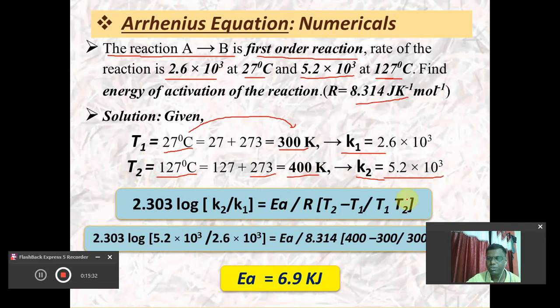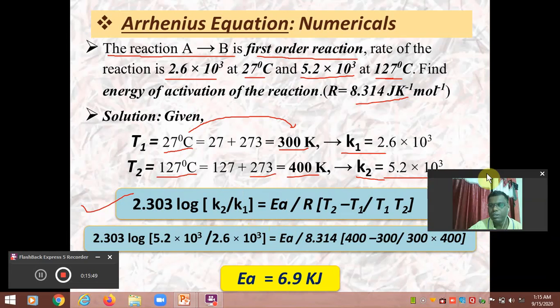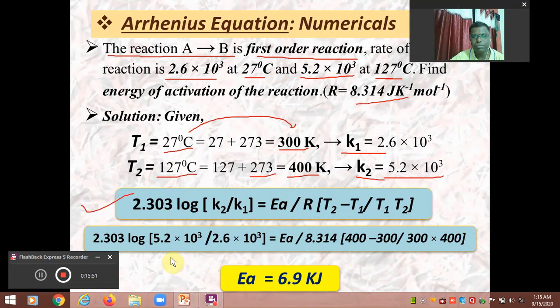Dear friends, if you again use the same equation, the Arrhenius equation in integrated form at two different temperatures having two rate constants K1 and K2, by putting in all these values and making the calculation, you will be able to solve this numerical very easily. I hope you will try the same.